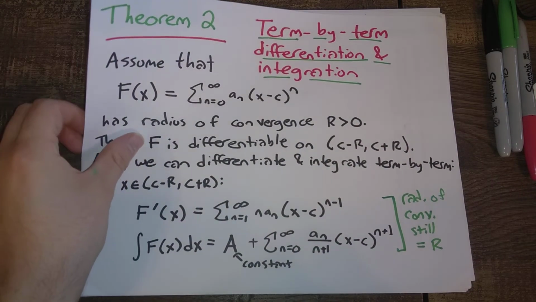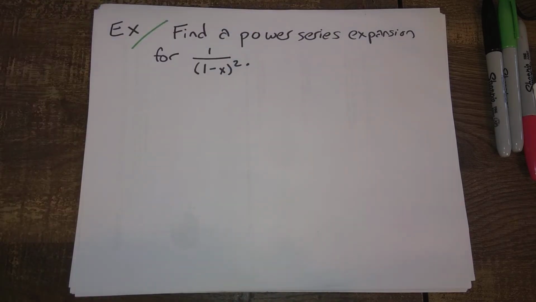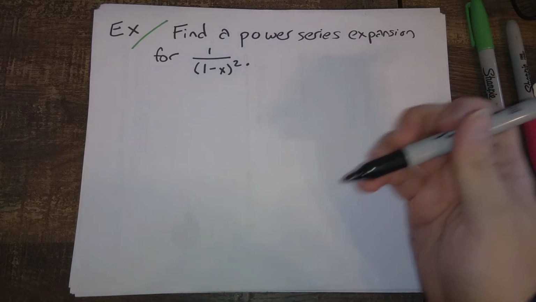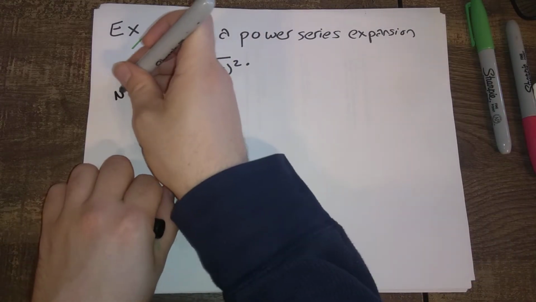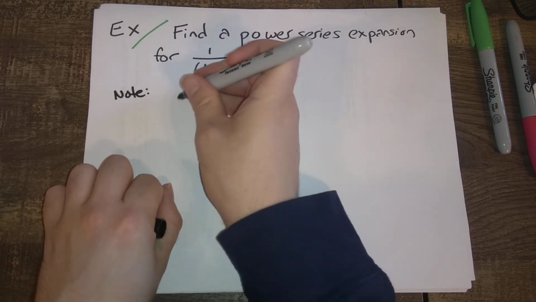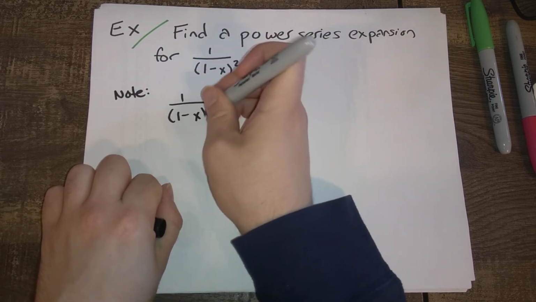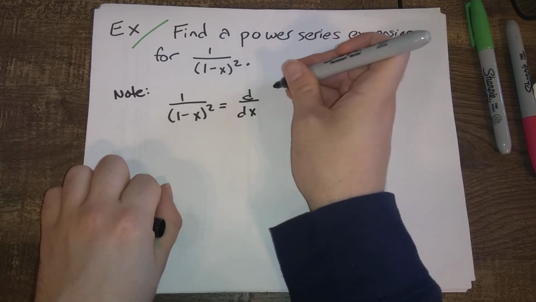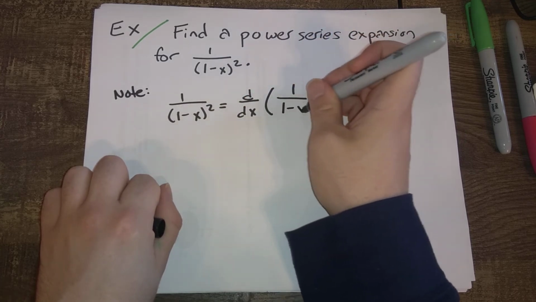Let's do an example of this just to see how this plays out in practice. Let's find a power series expansion for 1 over 1 minus x quantity squared. How do we do this? Well, the thing to realize is that 1 over 1 minus x squared is the derivative of 1 over 1 minus x.